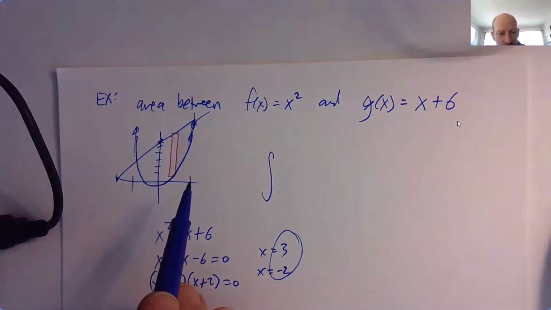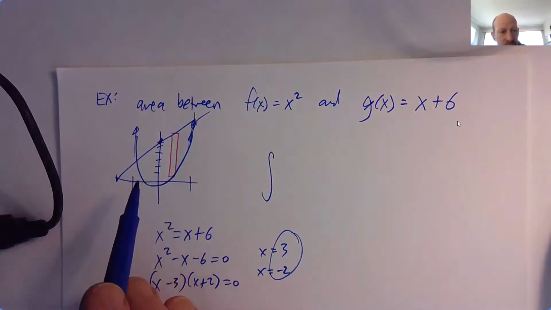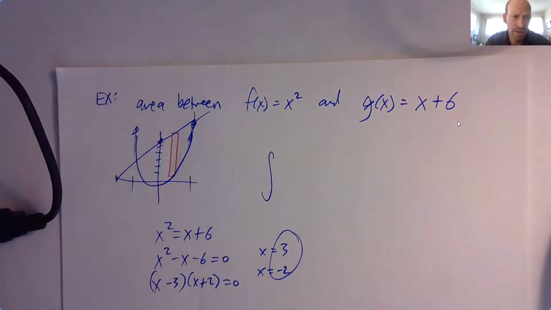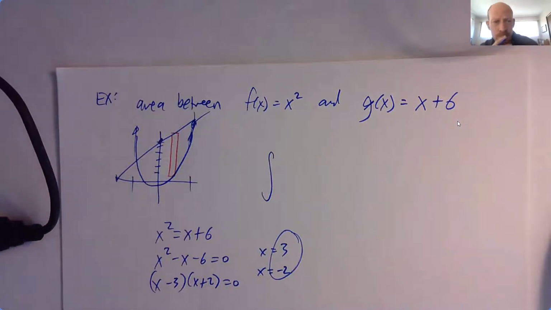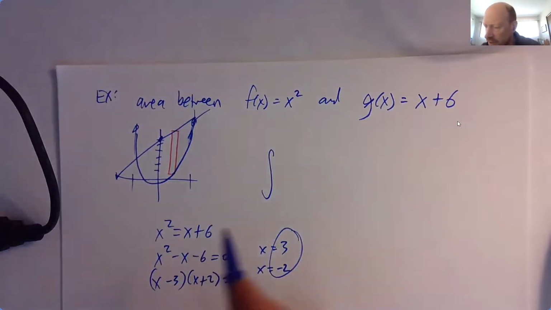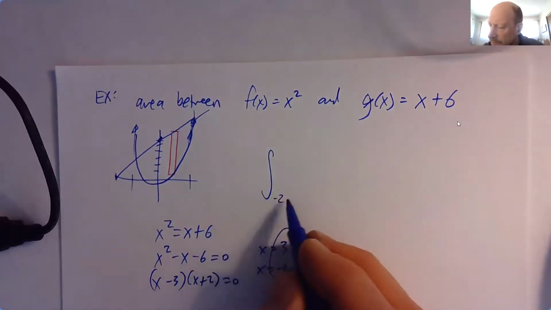It looks like it's a little further over here than it is here. And that's one of the advantages of the picture, that you can verify that your work makes some sense. That was something we like to do in our labs too, use the graph and use our work and make sure everything fits together.